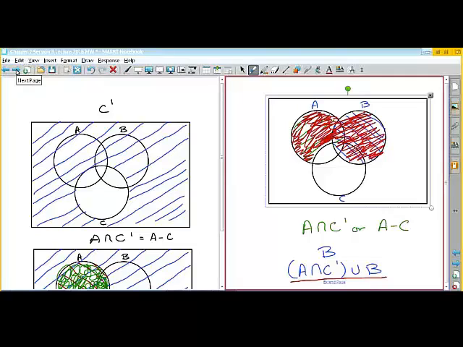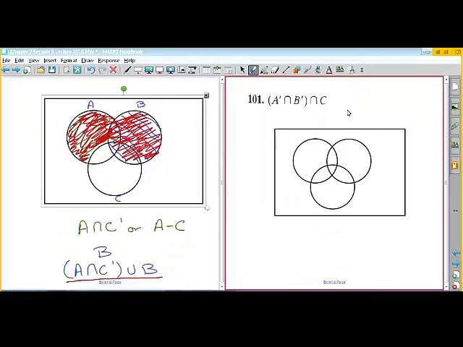Let's look at another. We're going to do a few of these because it's not obvious the first time you do it. Okay, so here we have the complement of A intersect the complement of B intersect C. Again, in math you want to make things as easy as possible. So one thing we've done to make things easy is we can use this result.